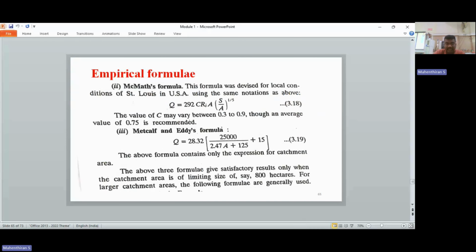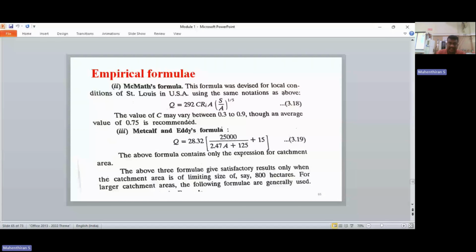Next, we are moving to Metcalf and Eddy's formula. Now look at that equation: 48.32 to the power 35,000 divided by 2.47A plus 125 plus 50. The above formula contains only an expression for catchment area.